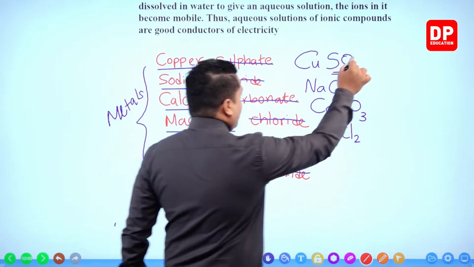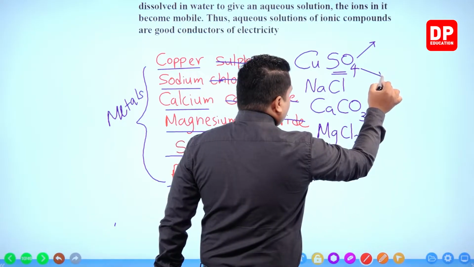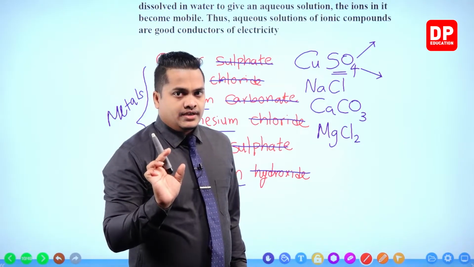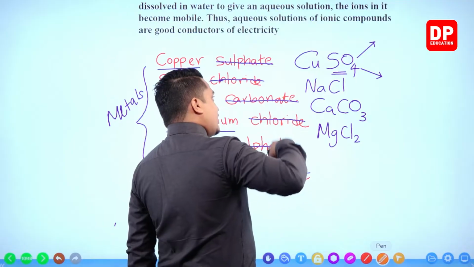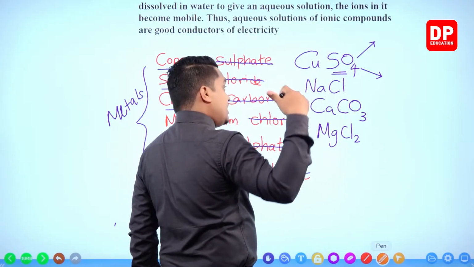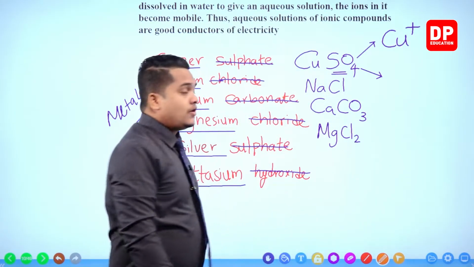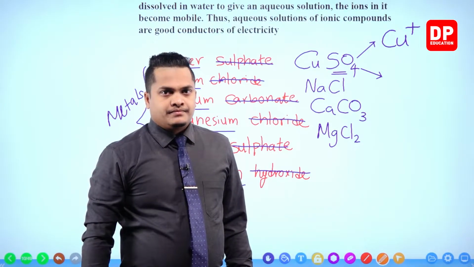This copper sulfate is made up of two different charges. When copper expels these bad charges, or electrons, it becomes copper plus, or positive.